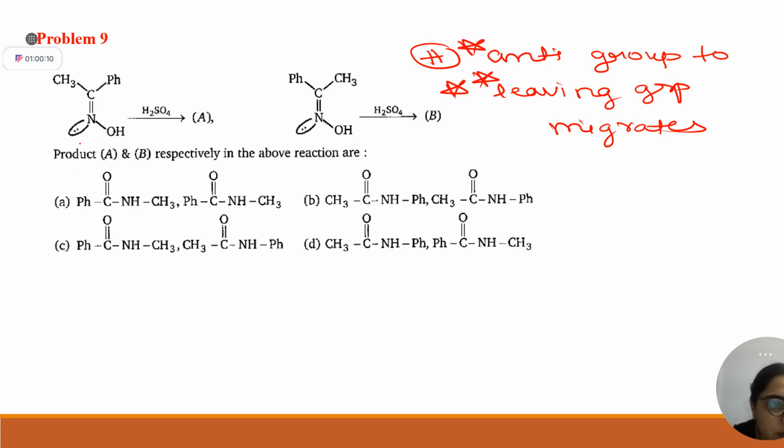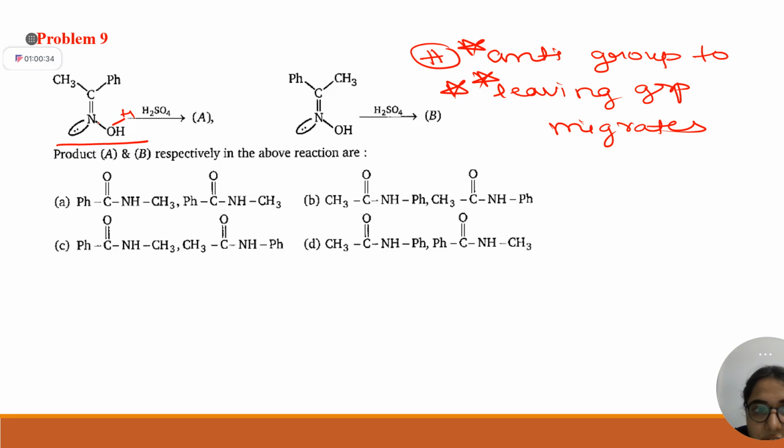If we talk about the oxime in this question, this H2SO4 is there, it will protonate your OH, make it a good leaving group, and you will be getting nitrogen connected to H2O positive. That is clear. Yes, ma'am. This reaction is also a concerted reaction, okay?